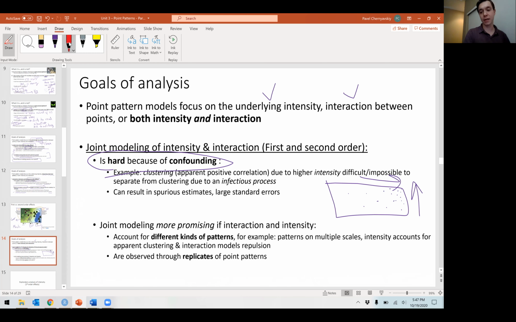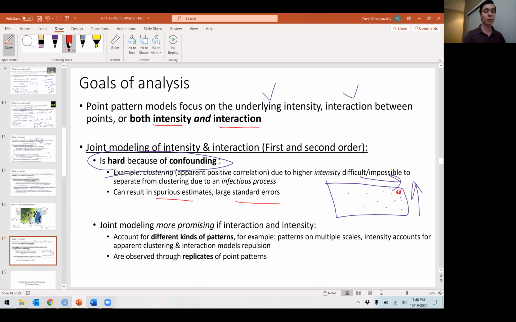Or is that because you have an infective case right there, and so that infected case spread the disease to other people around it? A model cannot tell those two mechanisms apart. And so if you include both intensity and interaction in the model, you will have spurious estimates, large standard errors, or even a lack of convergence.